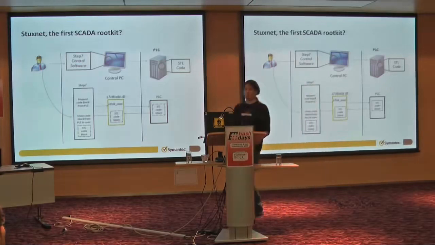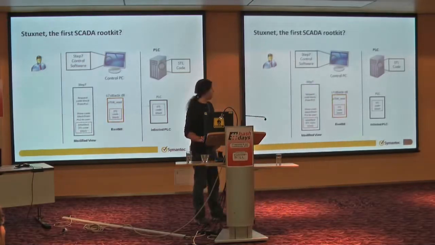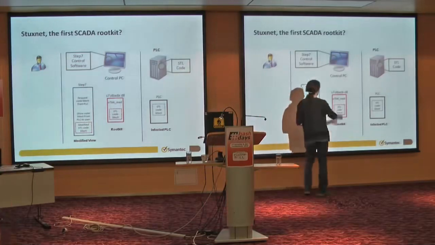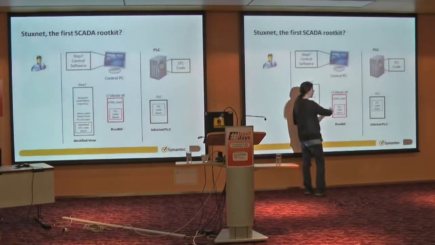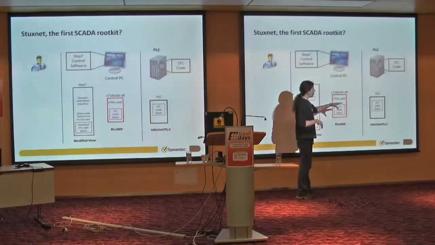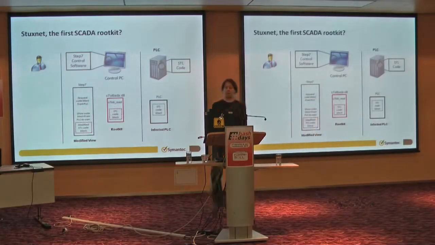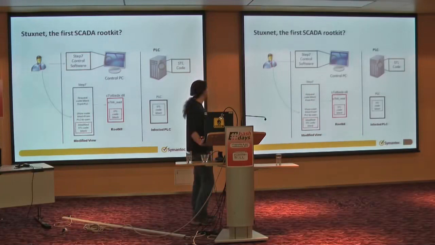And so Stuxnet was infecting the PLC, and what they did is they implemented the rootkit on this layer. So all the requests being made to the PLC were being hooked and modified to hide the infected code on the PLC. So this is how it basically worked.